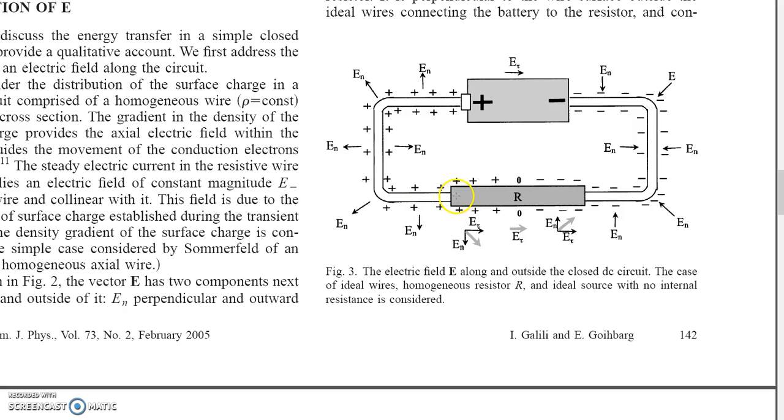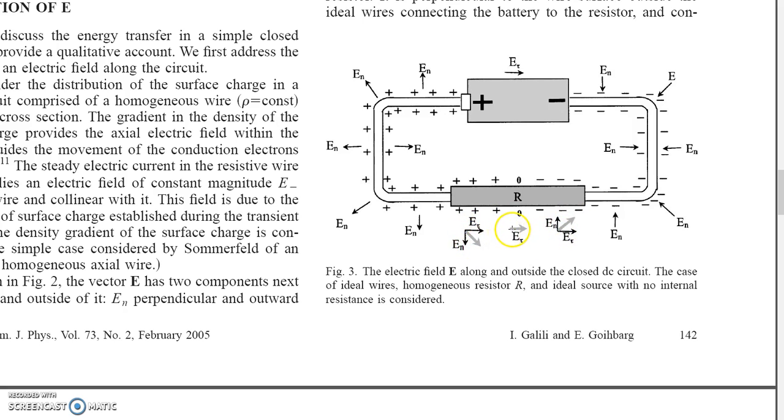When we hit the resistive element, the tangential component obviously returns. You need a field in the resistor to push the electrons through the resistor. So now your net field inside the resistor, which is these grey arrows here, changes direction as you go through the resistor.